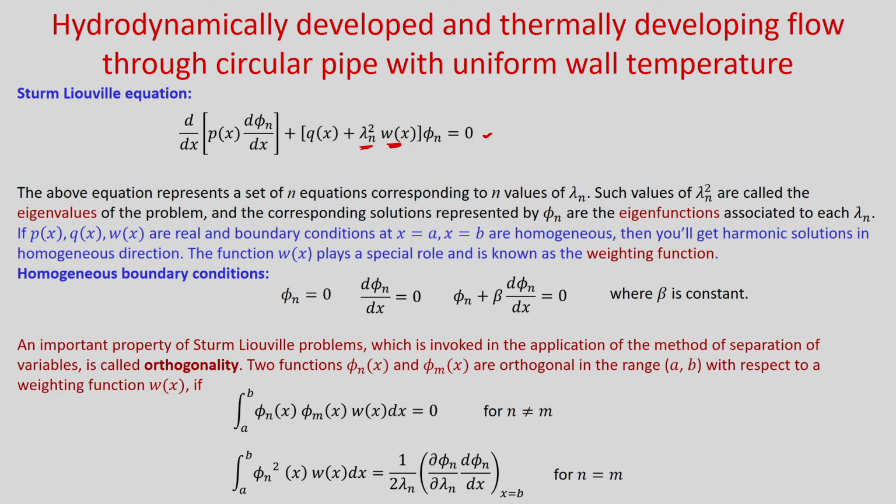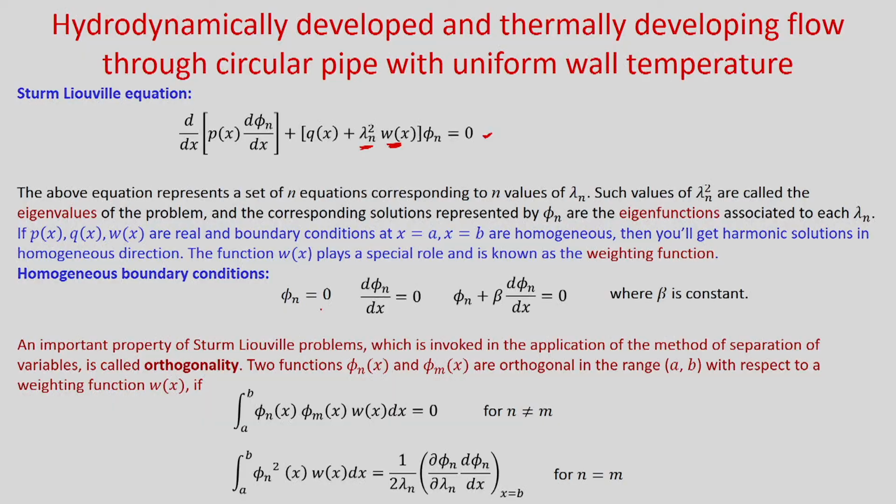In this analysis also we will use the method of separation of variables. So, when can we use the separation of variables method? When the governing equation is linear and homogeneous, and in one direction you have two homogeneous boundary conditions, and in the homogeneous direction it should give a characteristic value problem or harmonic solution. What is a homogeneous boundary condition?